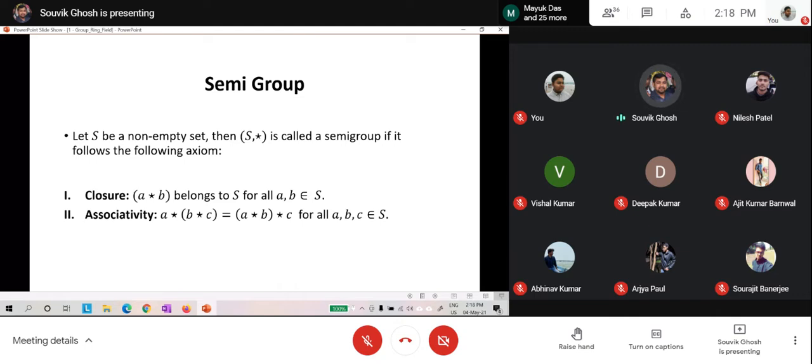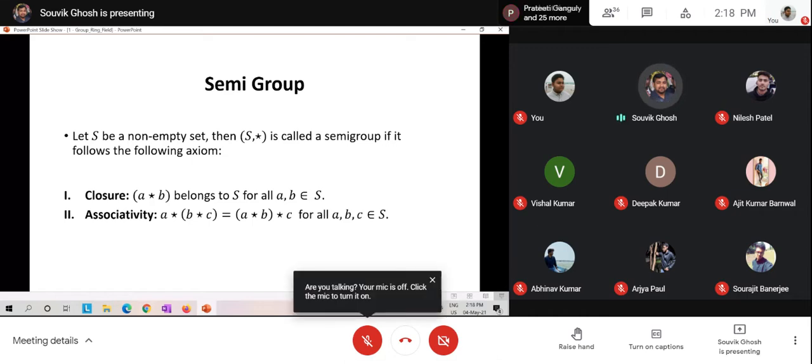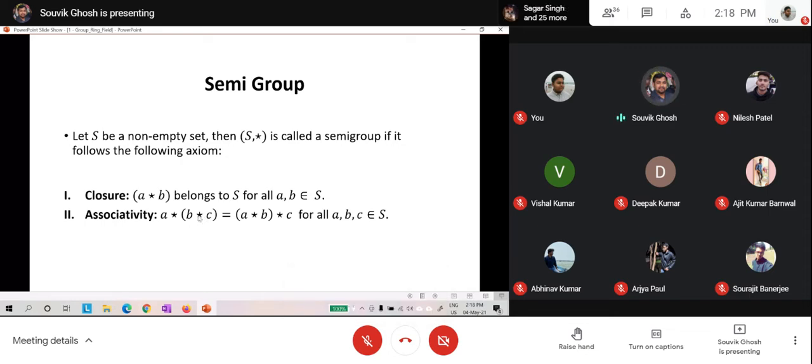So if a groupoid satisfies the associativity property, that means if you choose three elements, suppose a, b, and c from the given set S, and you operate with this star, which is the given operation, the parentheses matter, because they tell which one you should operate first. If (a star b) star c, that means we operate a and b first, then the resultant is operated with c.